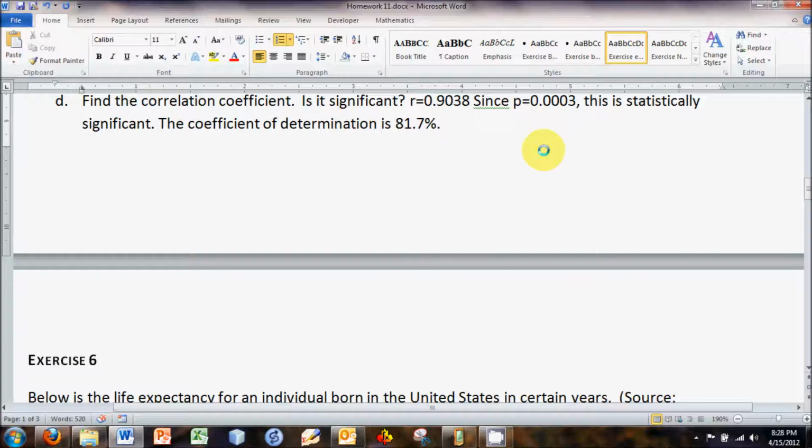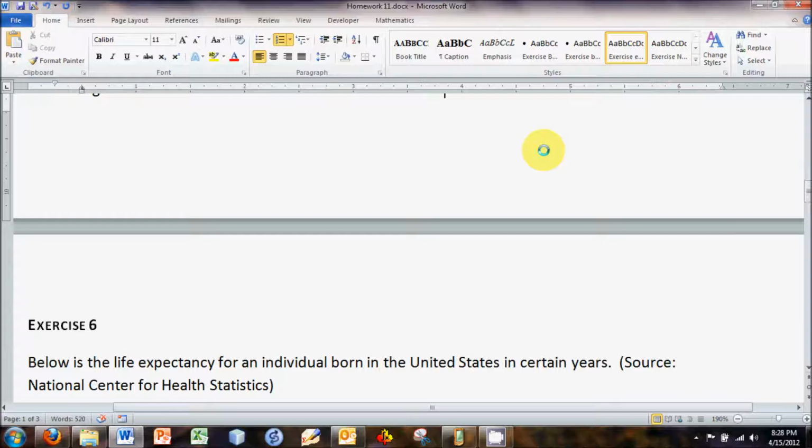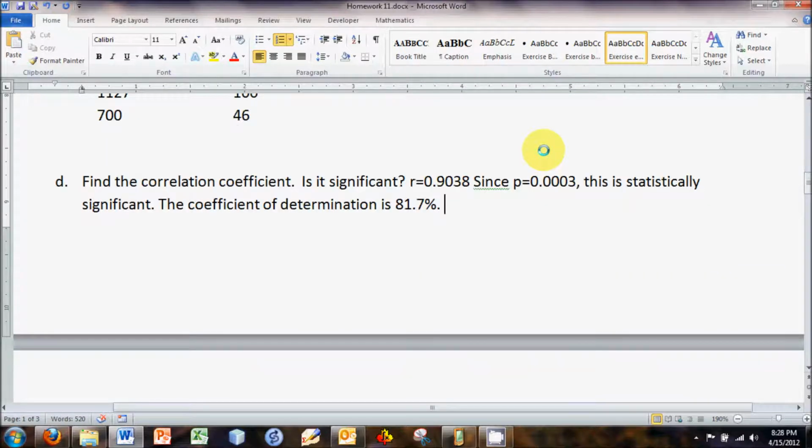Now, one last thing before I finish this, and that is that this coefficient of determination determines the percentage of the effect of the output variable, the y variable, that can be explained by the variation in the input variable, the x variable. That's a really confusing way of putting things, but let me see if I can write this up in a way that makes more sense.